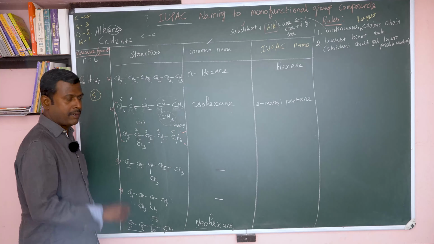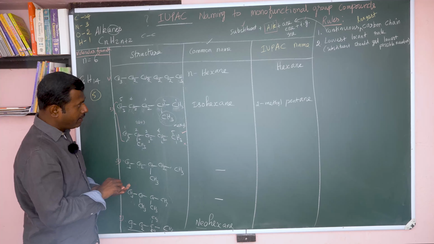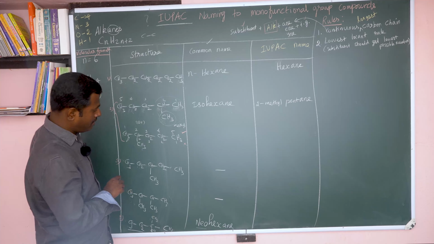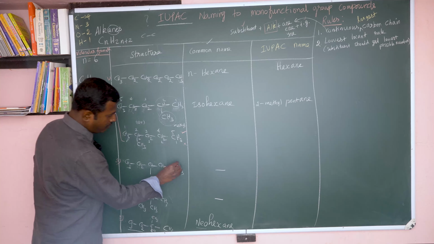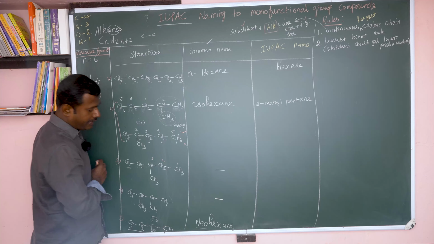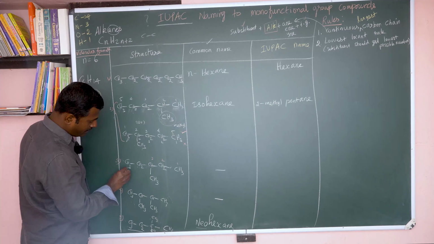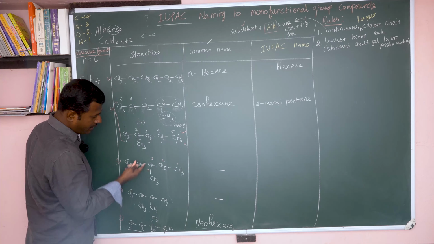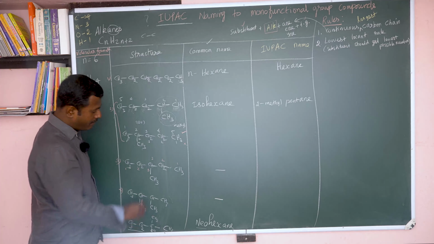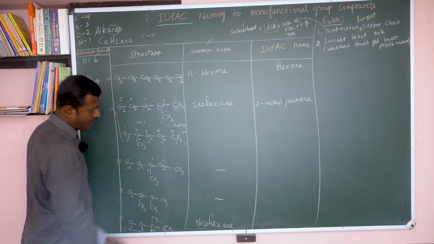Same numbers only. Now you have to concentrate on giving numbers to the substituent group. If you start 1 from here, the substituent will get number 3. If you start from here, 1, 2, 3, here also the methyl group is getting number 3.